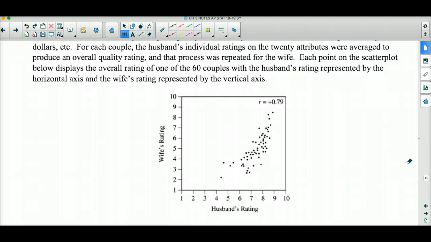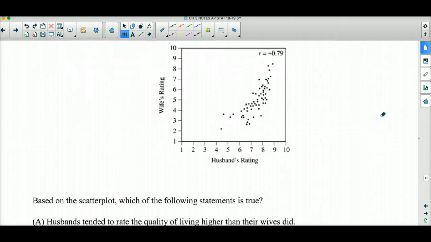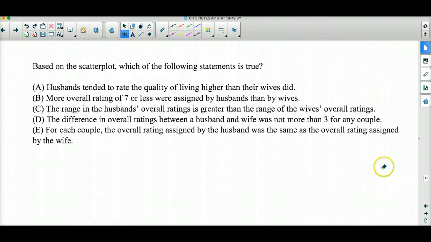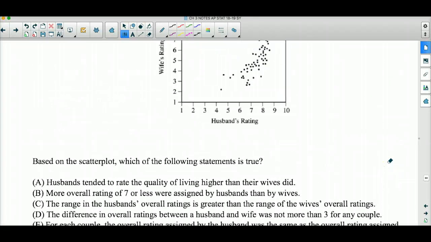For each couple, the husband's individual ratings on the 20 attributes were averaged to produce an overall quality, and blah, blah, blah for the wife, and here they are. The R value is there. Based on the scatter plot, which of the following statements is true? So take a minute and look at these.